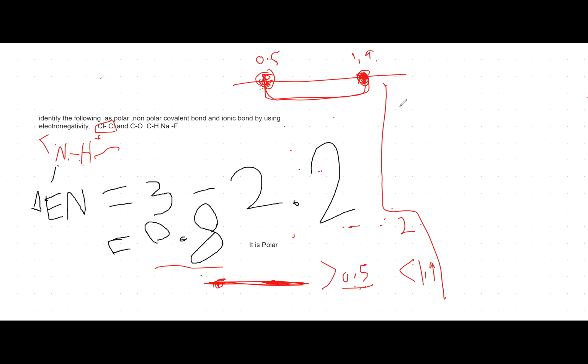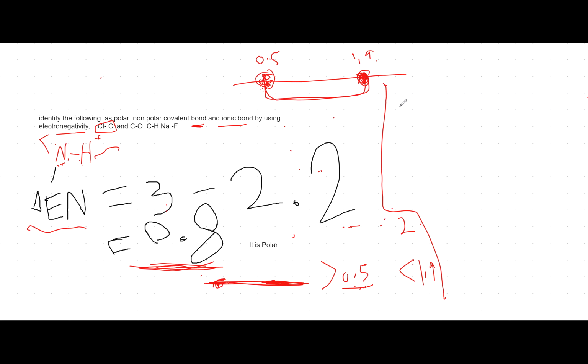And you want to identify if it's a polar or non-polar covalent bond, or if it's ionic, by using electronegativity. So if I know the electronegativity for each element and I get the difference, okay.